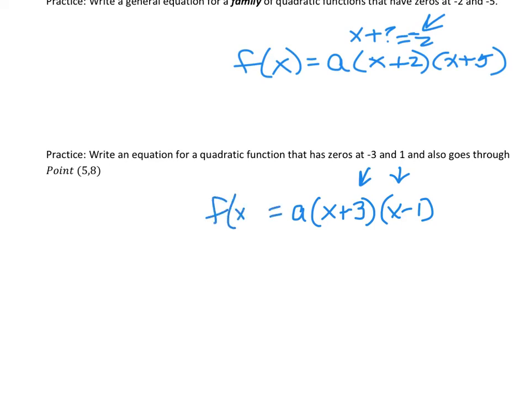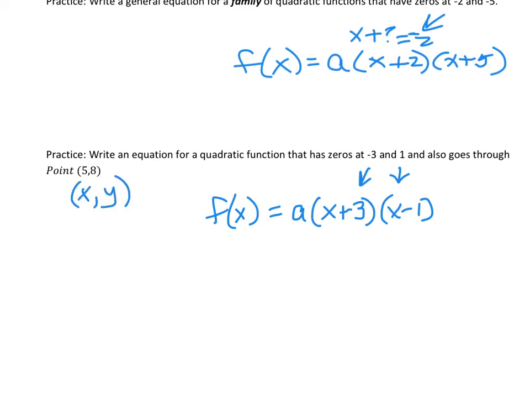And that's going to be our function. If we want to go beyond generalizing the family and actually find out what the stretch is, we need a point. And here we're told that the point (5, 8) is a point on our function.